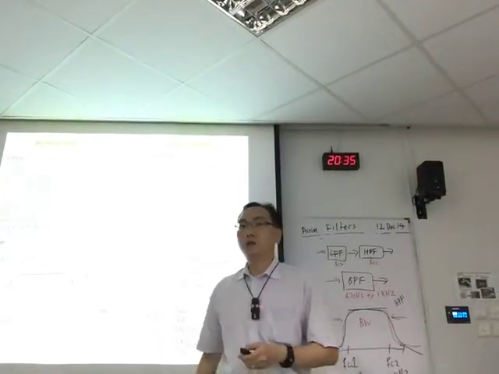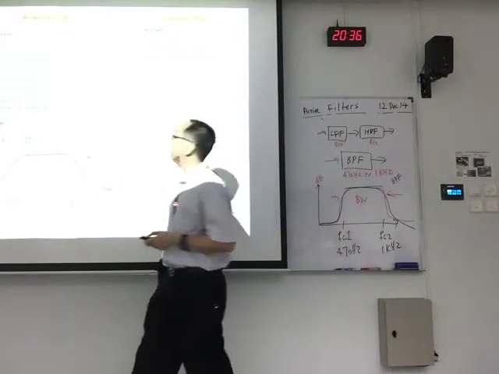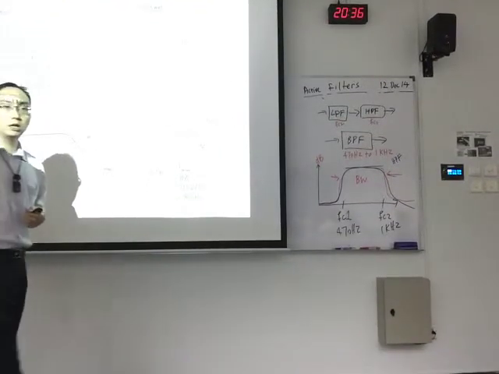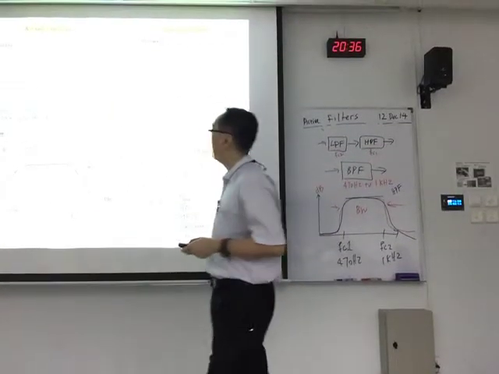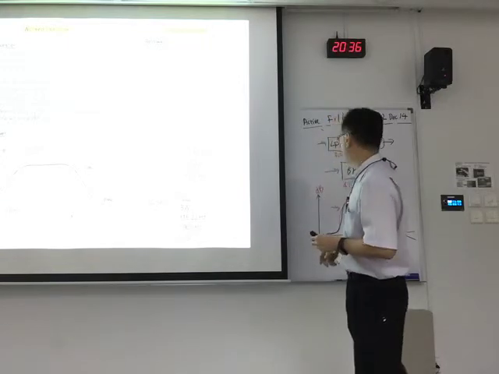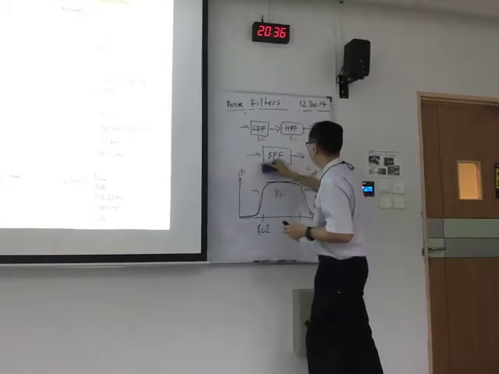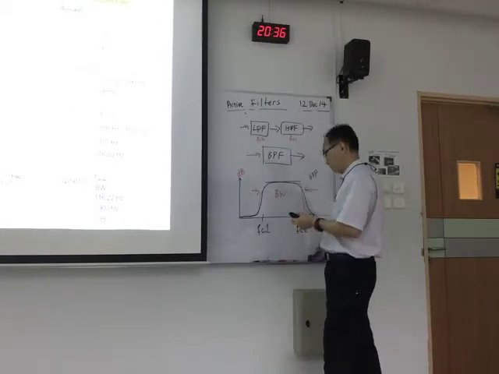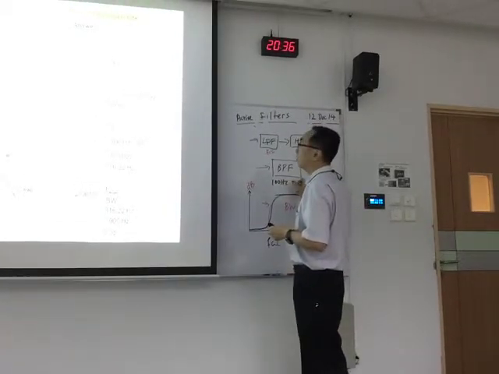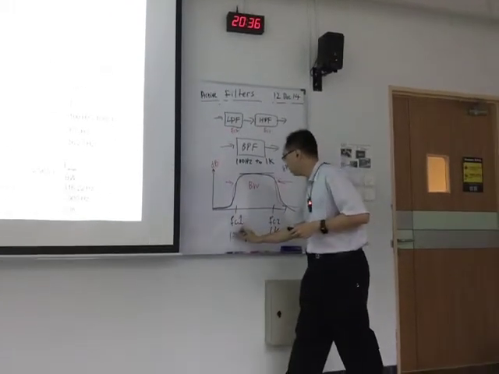If you look at this question, it says that the band pass filter has two given cutoff frequencies, one at 100 Hz, the other at 1 kilohertz, respectively. So the 100 Hz, 100 to 1K, right? Here is 1K. Here is 100.